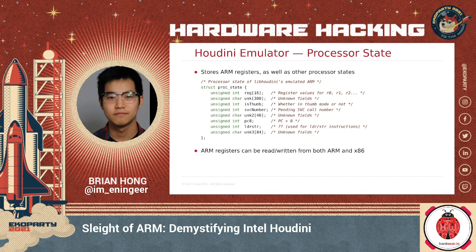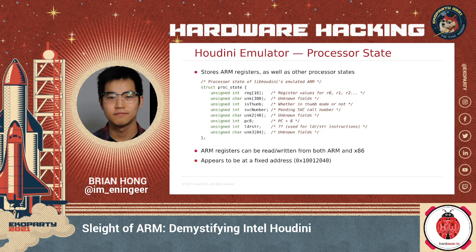But once you know where the struct is, you can read and write to it from both the ARM and x86 side because they have the same memory view and are in the same address space. There was an issue where, across boots and every time you relaunched an app, it would be at a hard-coded fixed address. They have fixed it now, but that was a problem because you could just write to it and change the execution state of the ARM emulation.